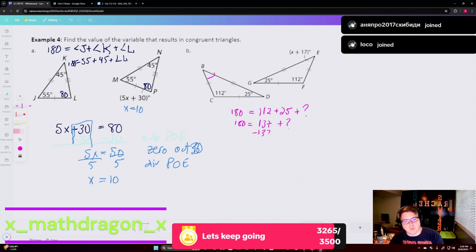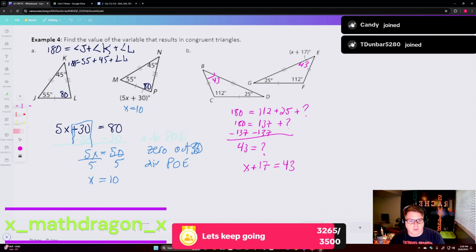We're going to subtract 137 from both sides, and that will give us 43 equals question mark. So I know this angle measure is 43, which makes this one 43. So I'm going to set x plus 17 equals 43.